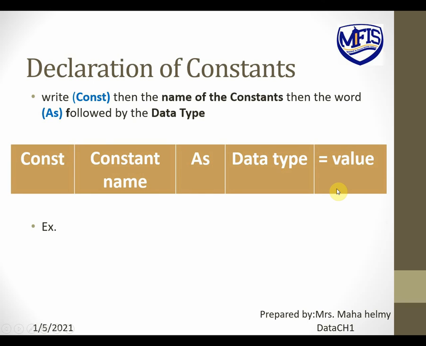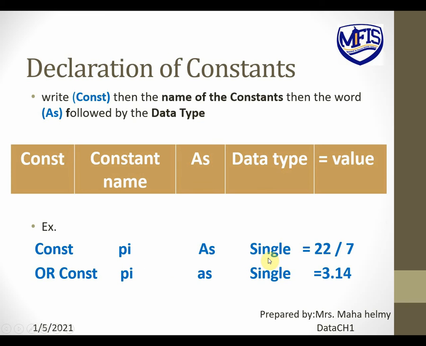For example, if we want to declare the constant pi, let's apply this rule to this constant. At the beginning, we have to write the word Const and then the constant name, which is pi, followed by the word As, and we have to determine a data type. And because pi is equal to 22/7, the data type is a number, numeric data type, and it's a Single data type.